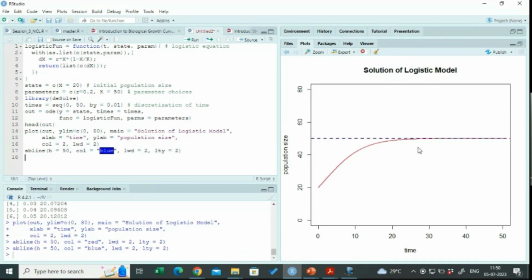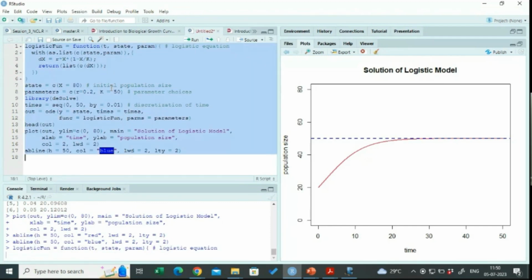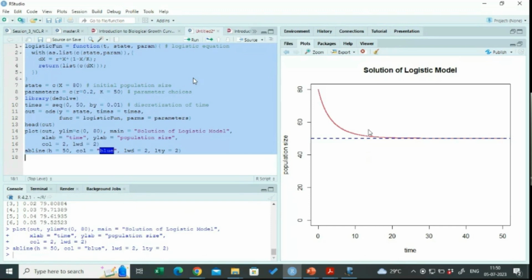So the trajectories eventually converge to the blue line. You can play with it. Now you can give different initial conditions, say 80. From the top also, it eventually goes to the carrying capacity.